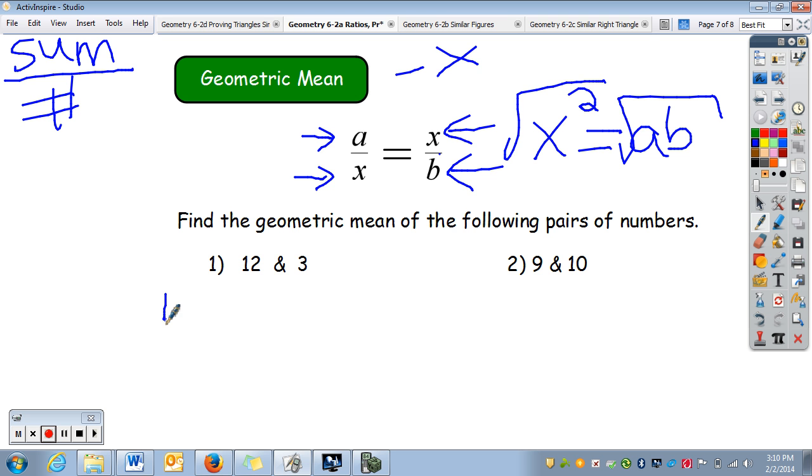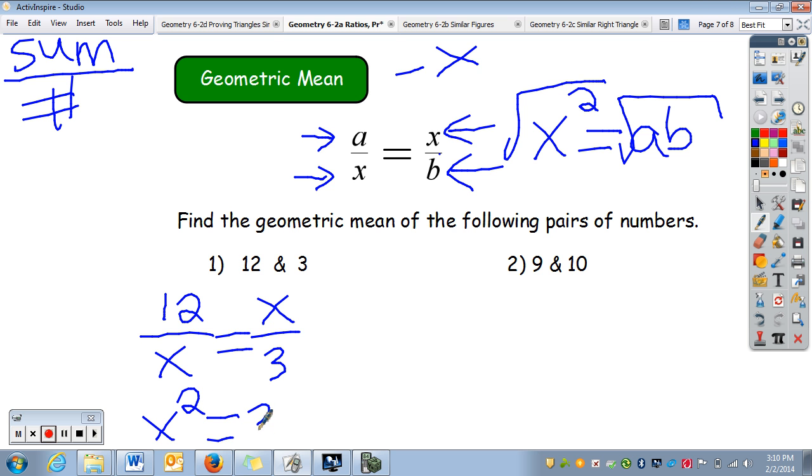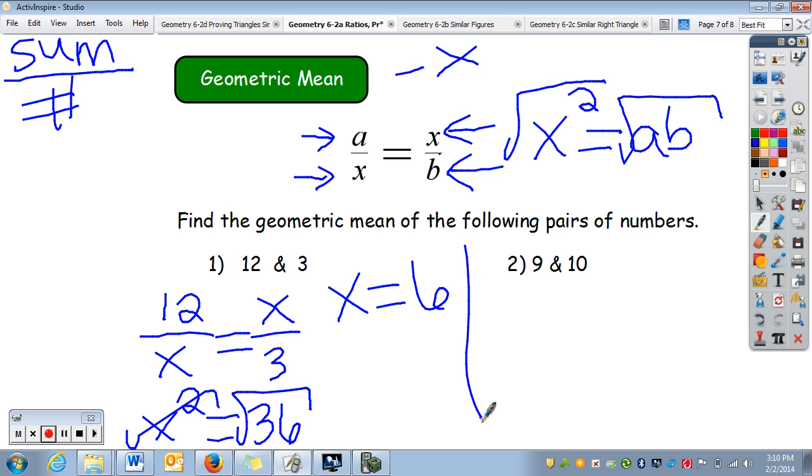So we're going to put 12 over x equals x over 3. And we get x squared equals 36. Square root, x equals 6. So then on the next one, we're going to go 9 over x equals x over 10.